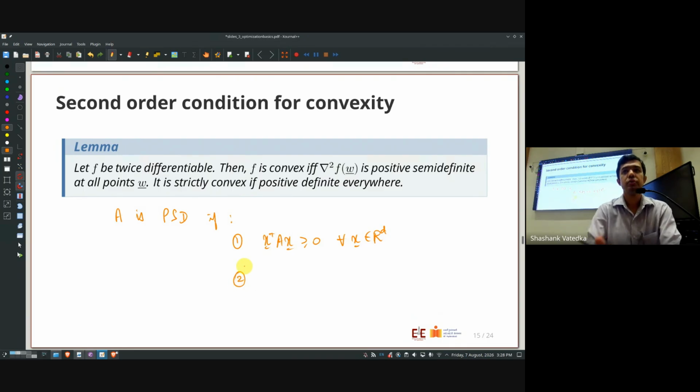Or another way of saying it, what can you say about the eigenvalues of A? All of the eigenvalues are non-negative. It's positive definite if all of the eigenvalues are strictly greater than 0. So what if the matrix A has complex eigenvalues?